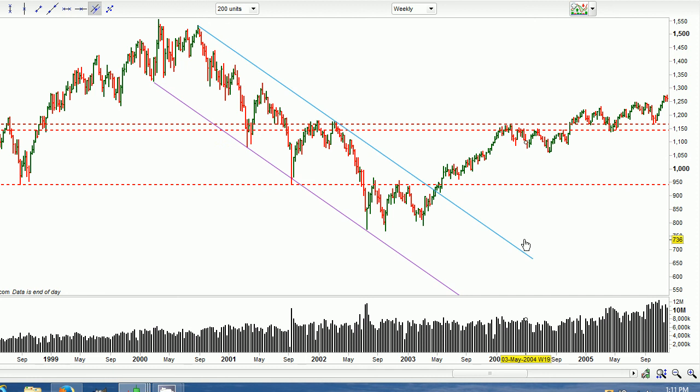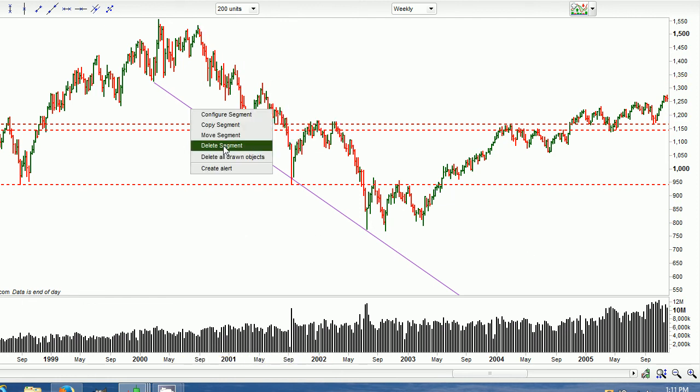Okay, we can see that very often you'll get areas where you've got the top supply line here acting as resistance, and the demand line here acting as support, and they'll coincide with these horizontal support and resistance lines as well, and they can give you a very strong buying or selling area if you've got these two lots of lines converging. But we'll go back into that in more detail in future videos when I go into the market structure a bit more. Okay, so just clear these lines off of here for the moment.